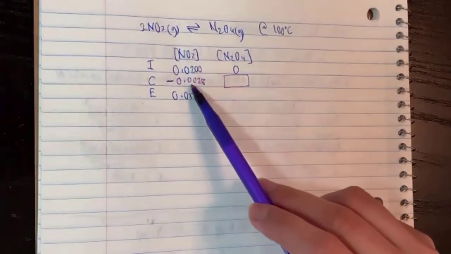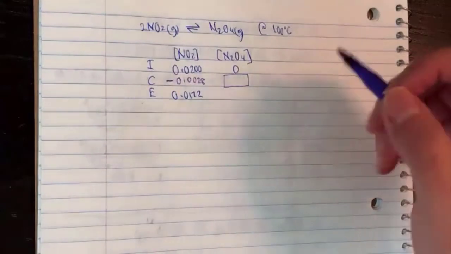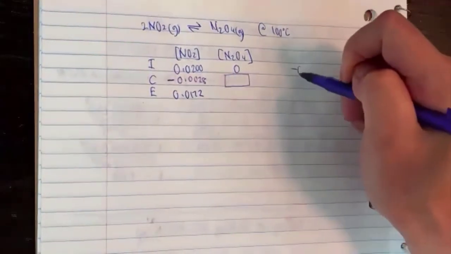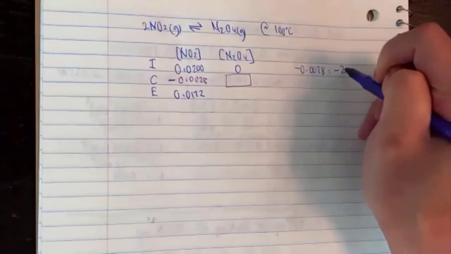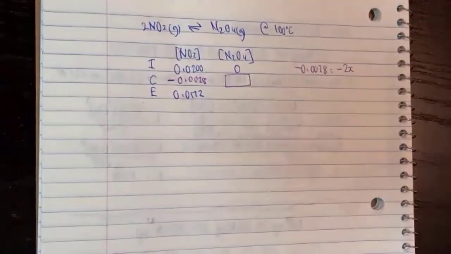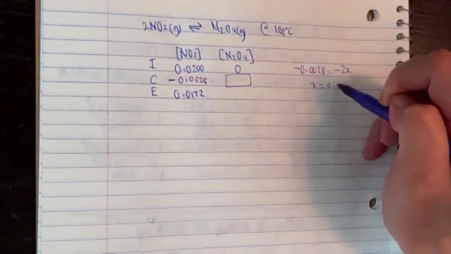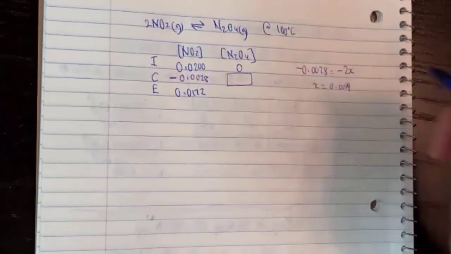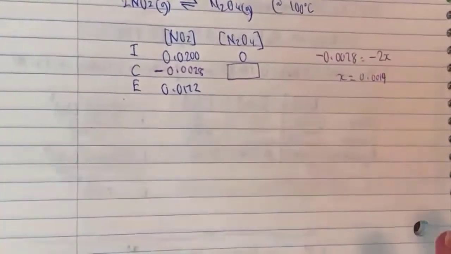It looks like it's going down. So at NO2, the coefficient is 2. So that means negative 0.0028 is actually negative 2X. Okay, so if that's the case, each X should be 0.0014. Agree? Let me zoom in so you guys can see a little better.